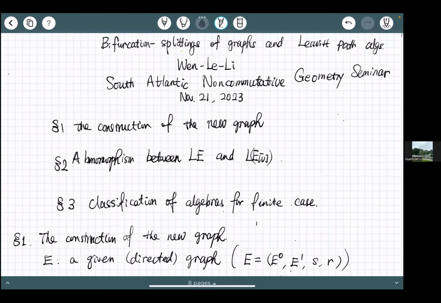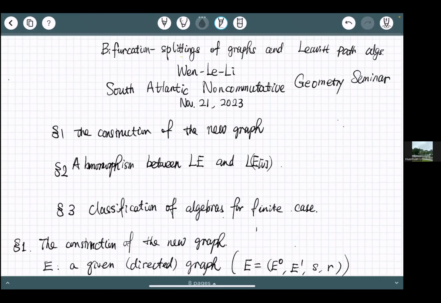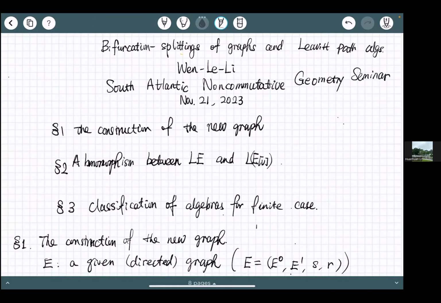Basically, we construct a new graph, and then we establish some relation between the corresponding Leavitt algebras.